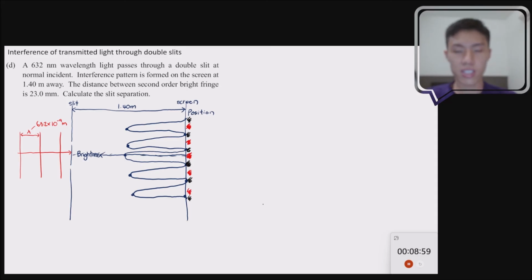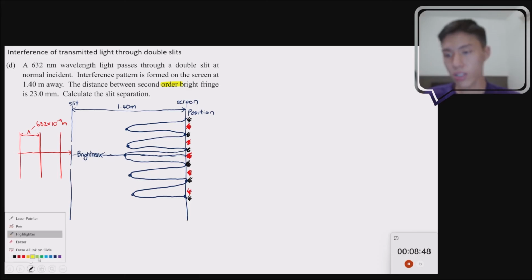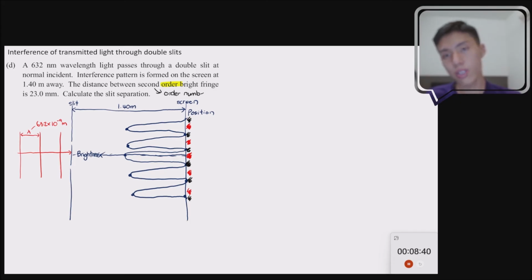They say that the distance between second order bright fringes is 23 millimeter. If you see the word order, immediately you should be alert. The value in front will be the order number, so our m is equal to 2.